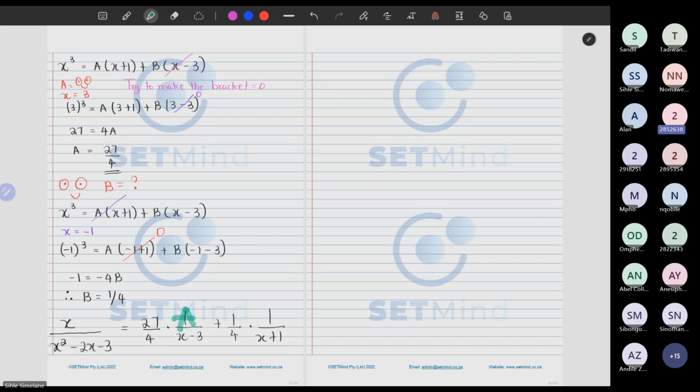Or if you want, because A become that, do you like writing it this way, 24 over 7 like that? I thought it was supposed to be written this way. You can, it's the same thing. Do you see that? Yes.